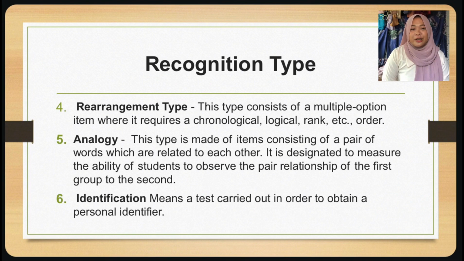Next is the rearrangement type. The rearrangement type assessment, also known as the ordering or sequencing task, requires the students to rearrange a set of items or elements in a specific order or sequence. Individuals are usually presented with a jumbled or disordered list and need to rearrange the items into a logical or correct sequence.